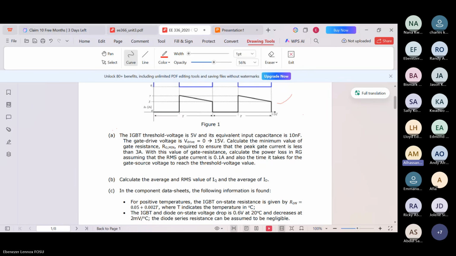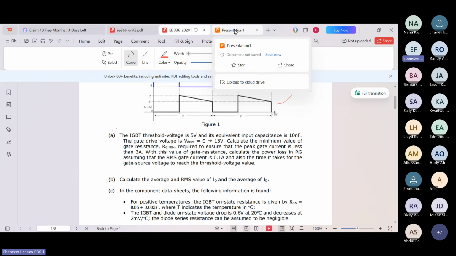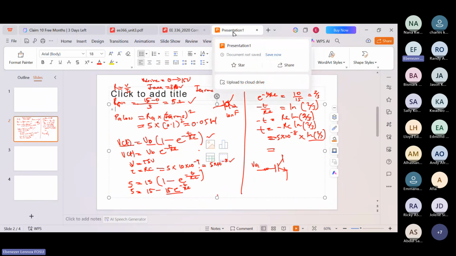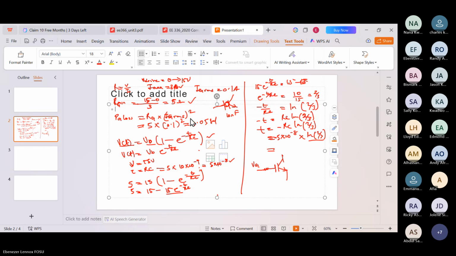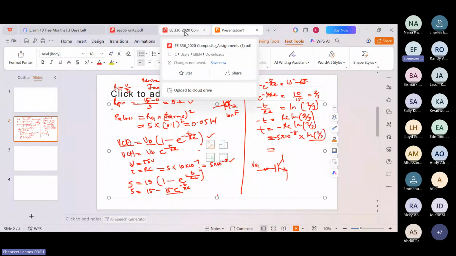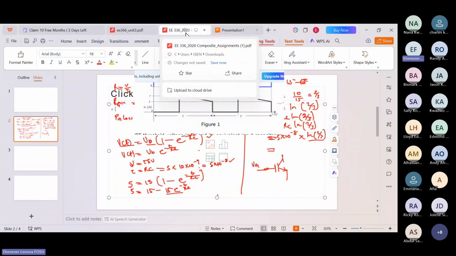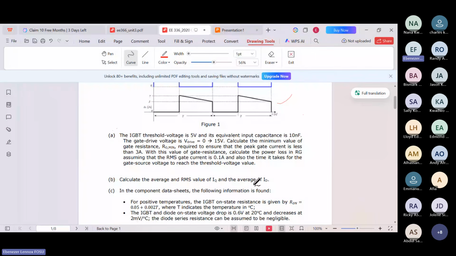So let me come to, can you see what I'm showing now? Yes. But if I go into presentation mode, I think most of you cannot see. This side is for me to write, so I don't know.